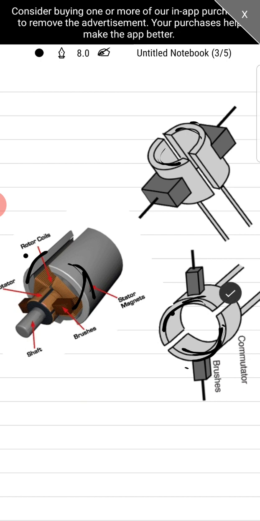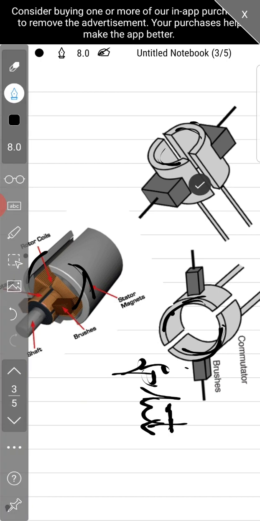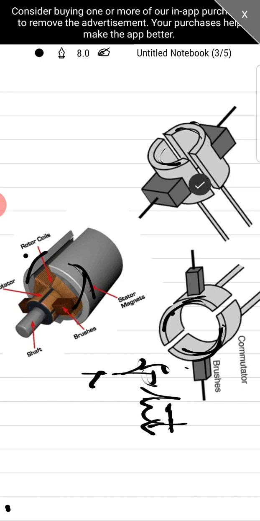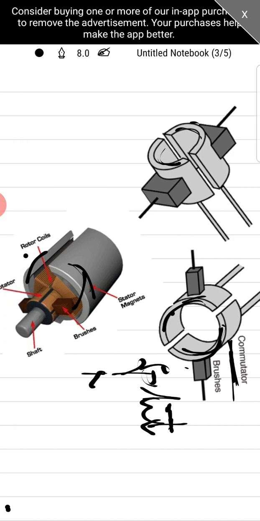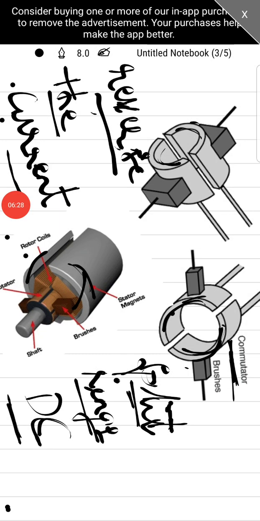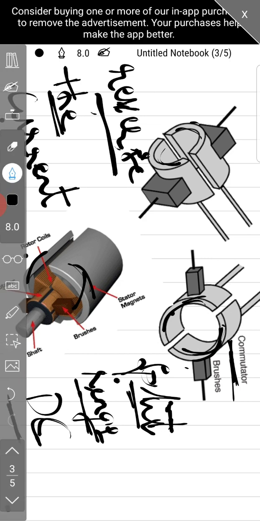Split rings are also called a commutator. Split rings are used to reverse the direction of the current for every half revolution.